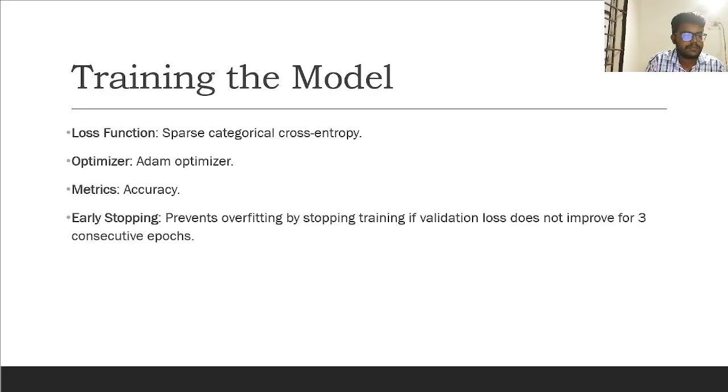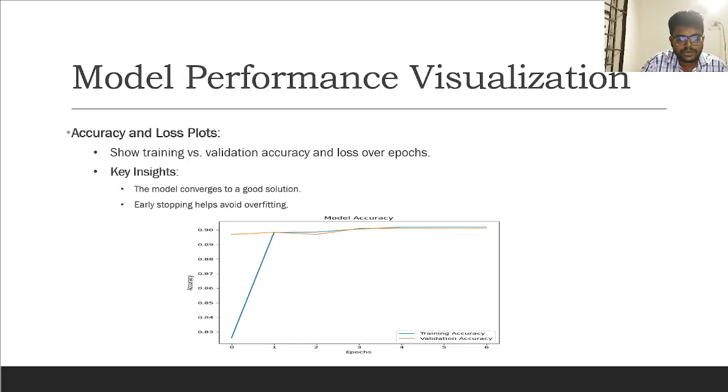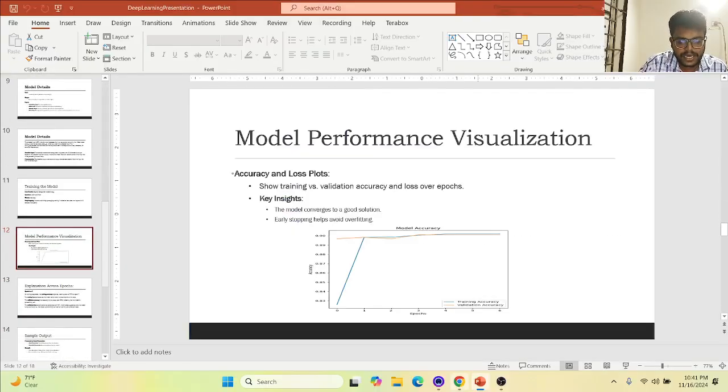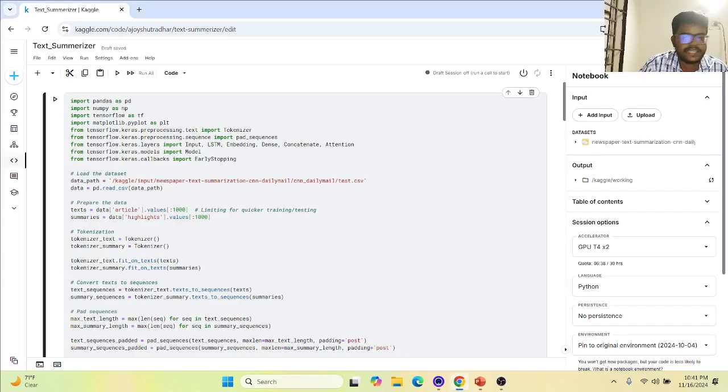Now for training the model, we have the loss function, optimization, metrics, and early stopping. Now we go to our model, which we run in Kaggle. First we import libraries, then we load the dataset and prepare the data.